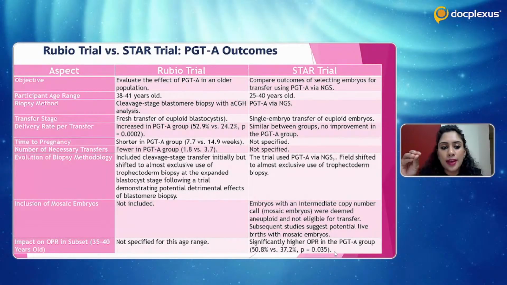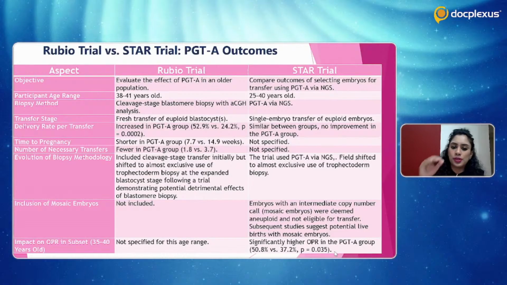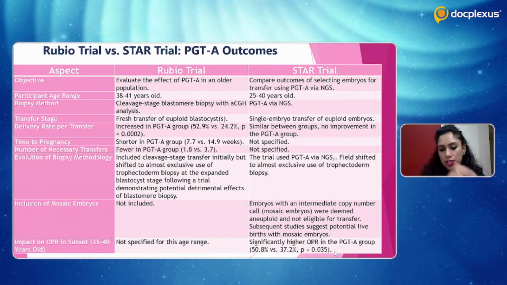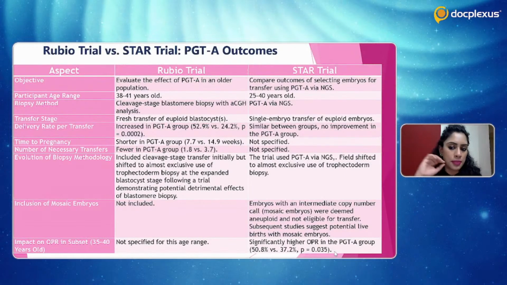Now, when we speak about the evolution of biopsy methodology, earlier the Rubio trial included the cleavage stage biopsy and transfer, but shifted to almost exclusive trophectoderm biopsy at the expanded blastocyst stage when he found that there were detrimental effects of the blastomere biopsy. Here in the STAR trial, we almost exclusively did the trophectoderm biopsy.